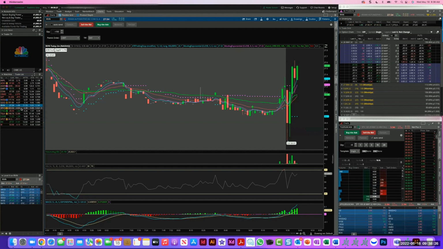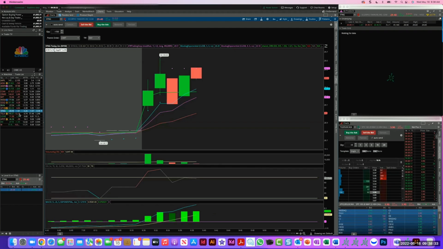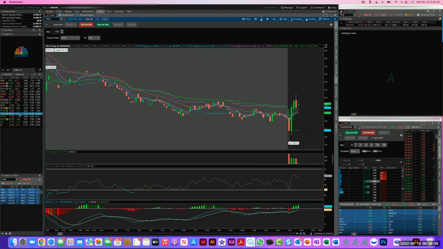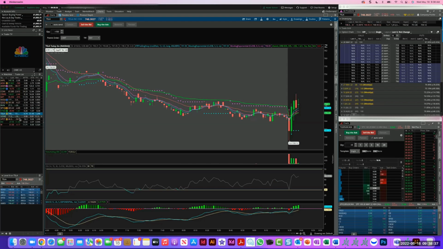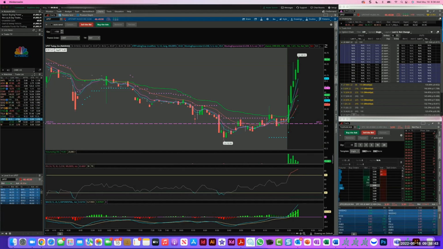Rivian continues to move up on bad news. All right, so Upstart appears to be a favorite as well.